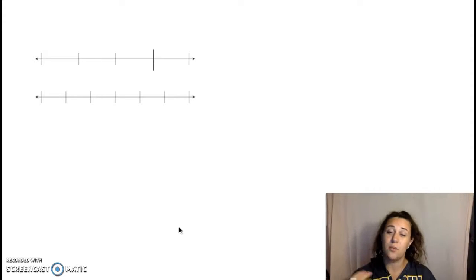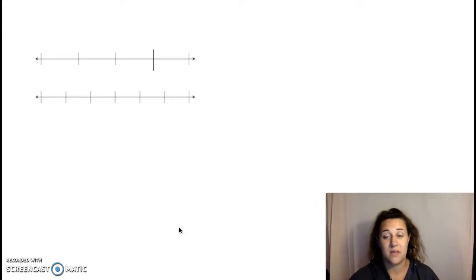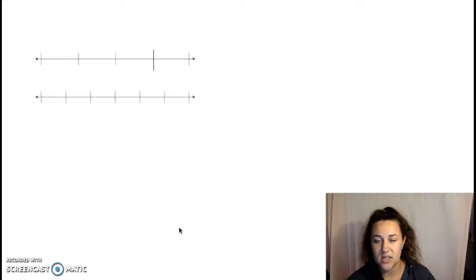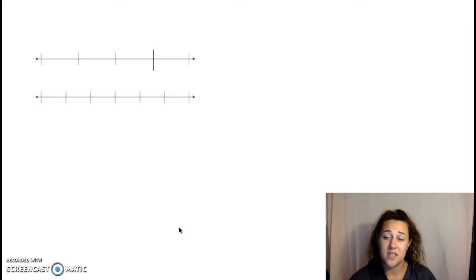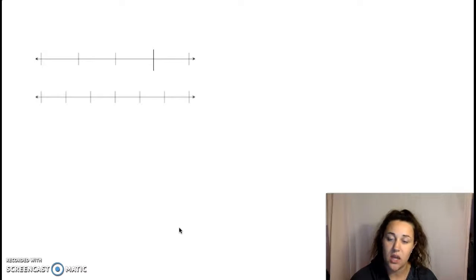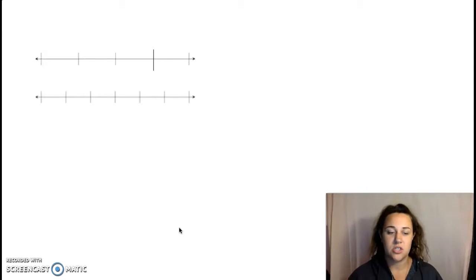If it's already set up for us, it might be neat and easy to read, like on your worksheet today. It's already set up on the worksheet, so it'll be easier to read. However, for this purpose, we are going to use 2 different number lines, and on the next one, I will show you what it looks like to have it on the same one. So let's just get started, friends.